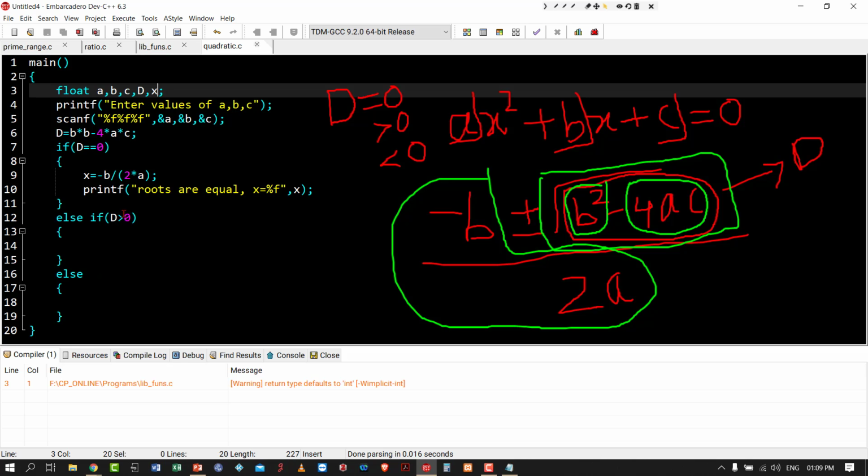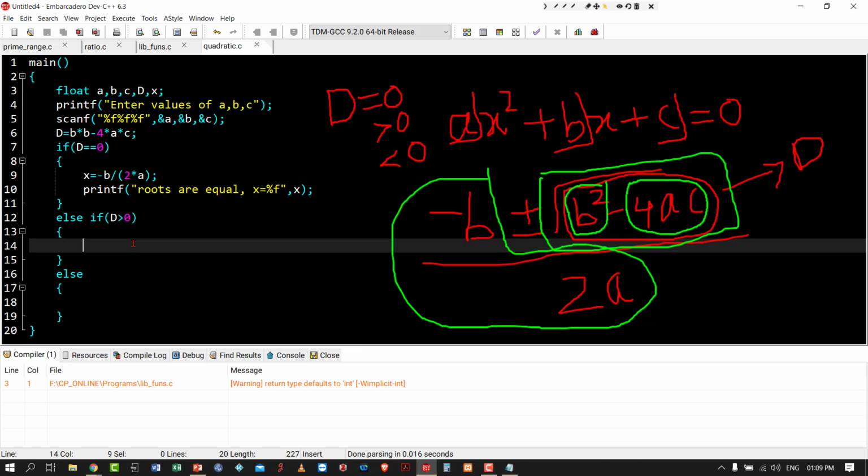Next, when D greater than 0, we have two solutions. So I am writing x1.